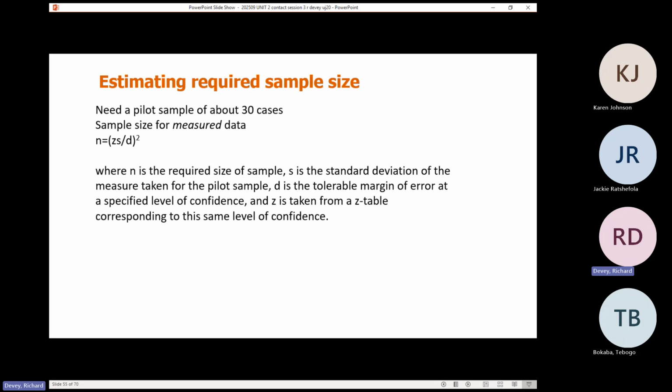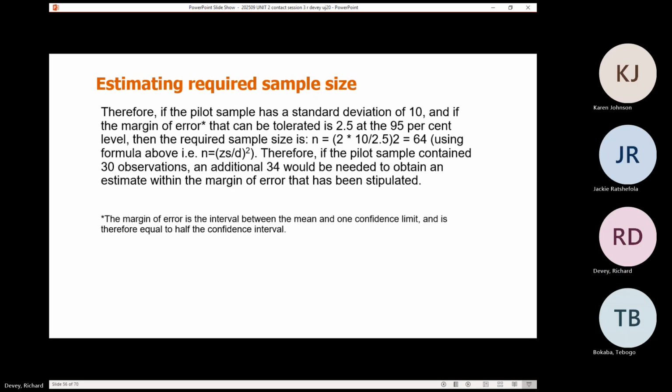So we get Z tables which give us a Z statistic. So part of the information comes from something we've measured, part of the information comes from something we decide, and part of the information comes from a statistical table.